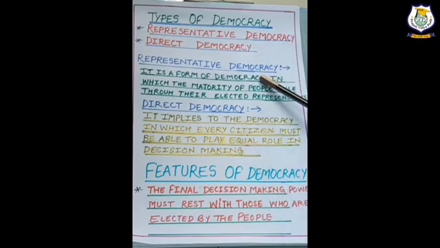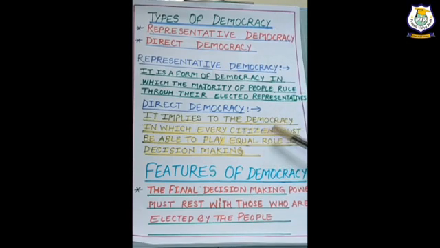In representative democracy, as we know, many of the people participate in the formation of government. So in such a way, a majority of people participate in the formation of government. And finally, a representative is elected and then he or she rules over the country as per the will of the people.